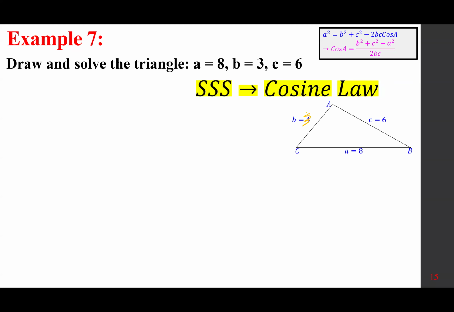Since we have all sides, we have to pick one of the angles, and cosine A is B squared plus C squared minus A squared over 2BC.